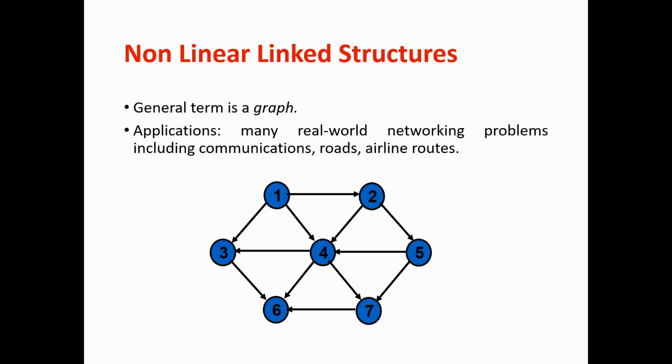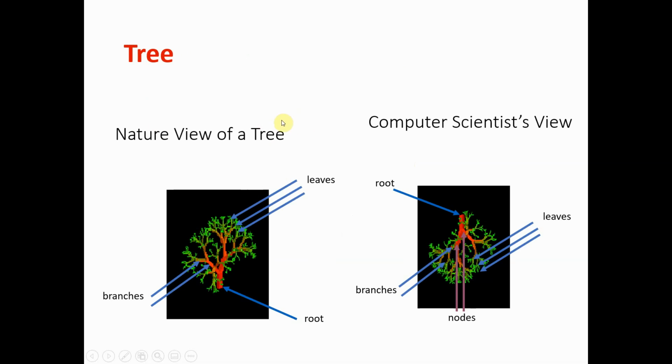So in today's lecture, we're going to see what a tree is and get familiar with some of the terminologies used for trees. In nature, the natural view of a tree is something that has a root at the bottom, some branches, and some leaves at the end of the branches.